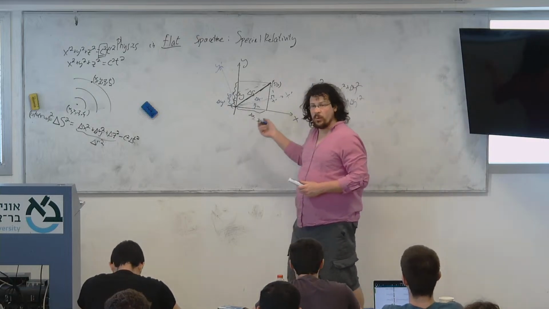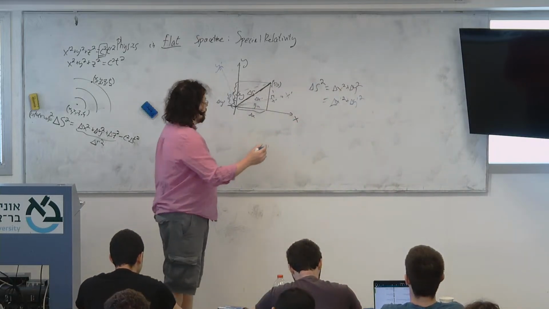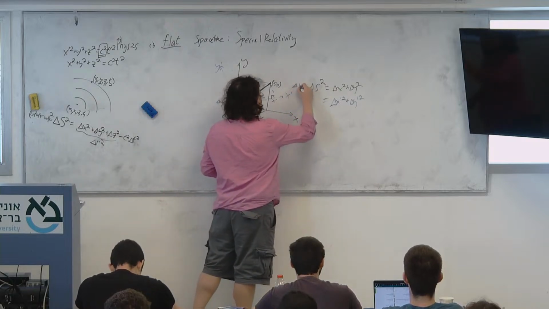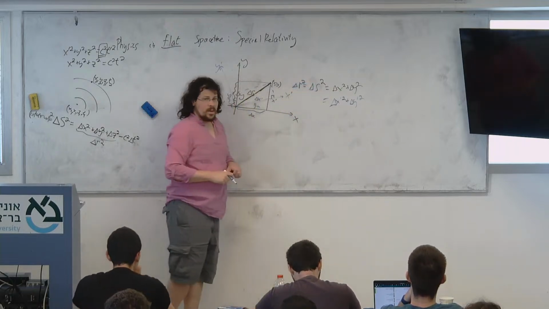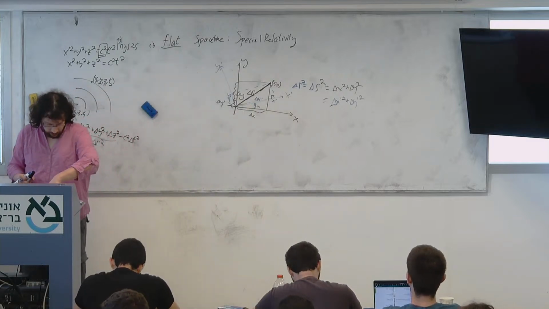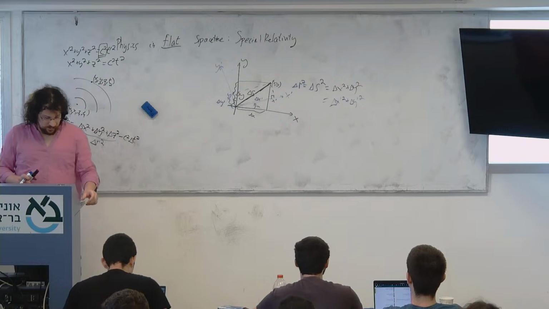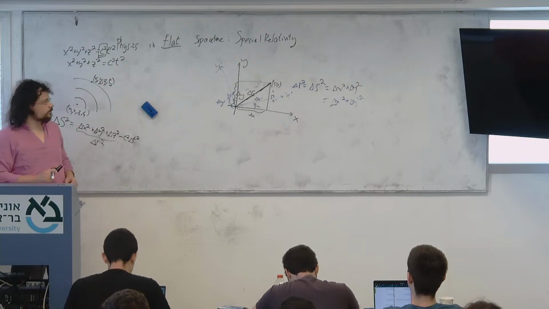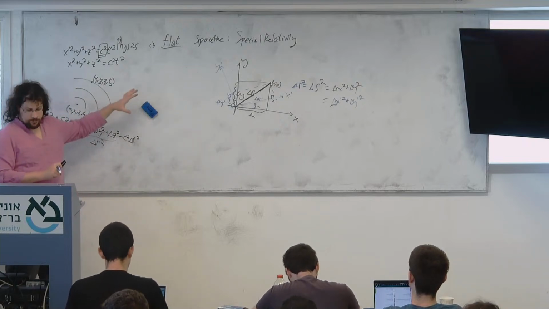And of course, this is what we call in geometry just the distance. So this rotation conserved the distance. The distance is said to be invariant in complete analogy.